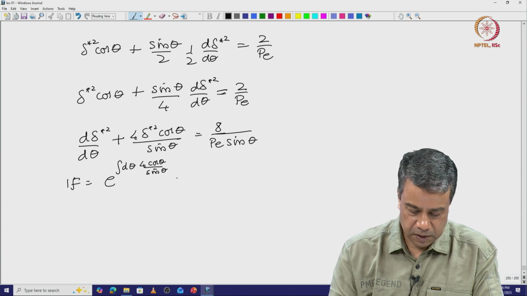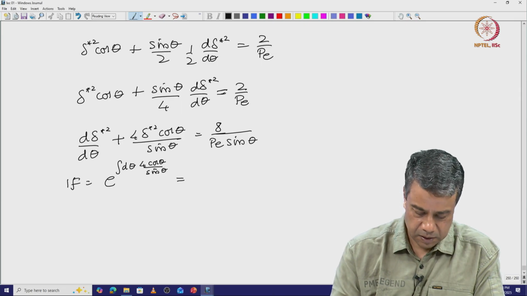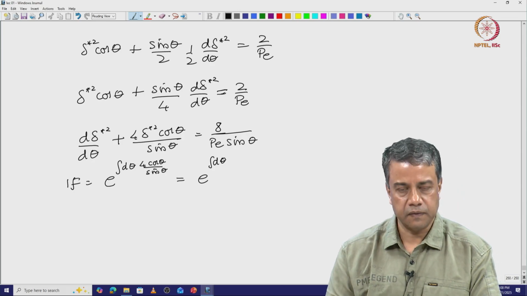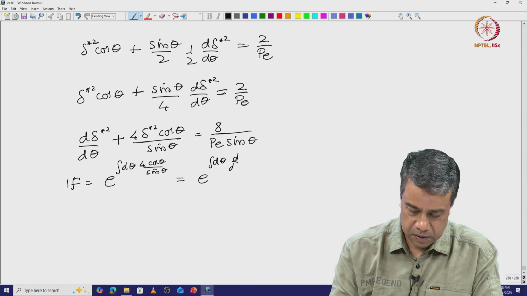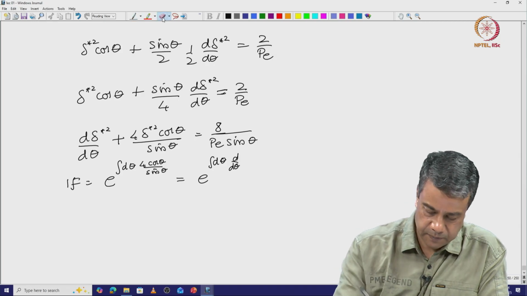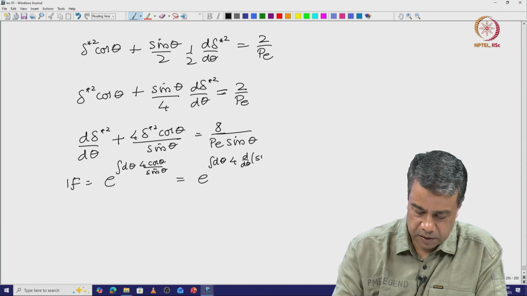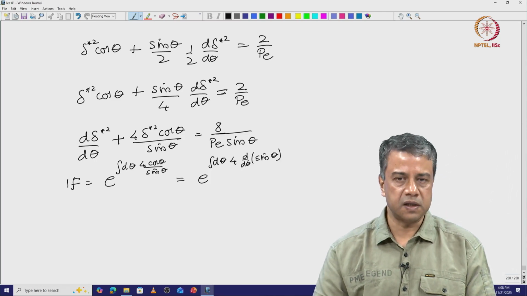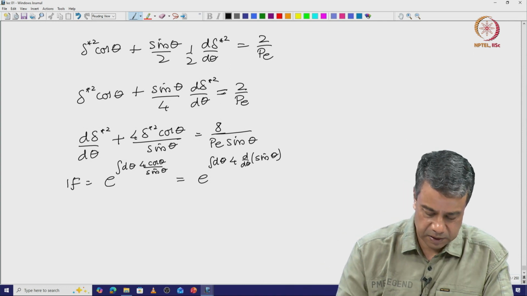Integral of this can be written as e power integral d theta of 4 times d by d theta of log of sin theta, because d by d theta of log of sin theta is cos theta by sin theta.